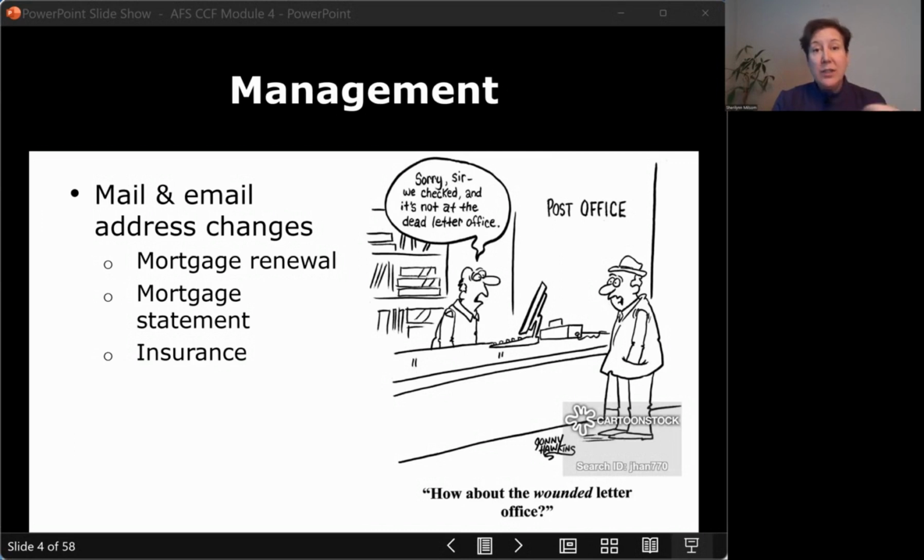Your address for insurance, of course, if you have the policy in your name, then the documents will come to you. But if for some reason you're not able to get a policy in your name and it stays in the seller's name, you'll want to have your address as the address for service. Municipal utilities, same thing. Often municipal utilities stay in the titled owner's name, and often they can be emailed.